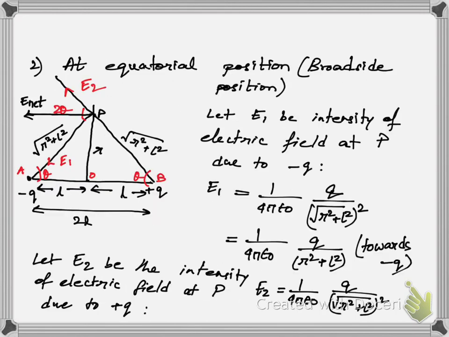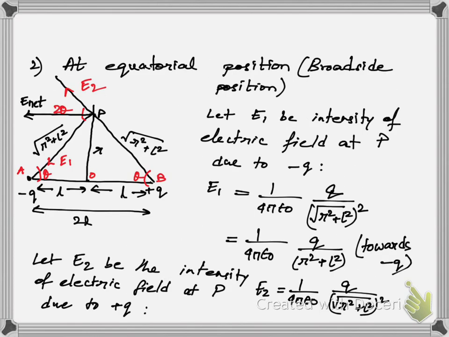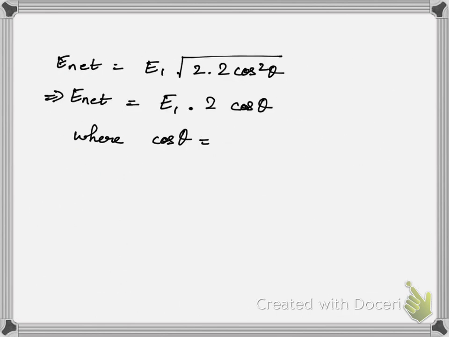Now if you look into any of the two triangles, either PAO or POB, you will find that the value of cos theta is base by hypotenuse, the base being L and the hypotenuse being root of r square plus L square.